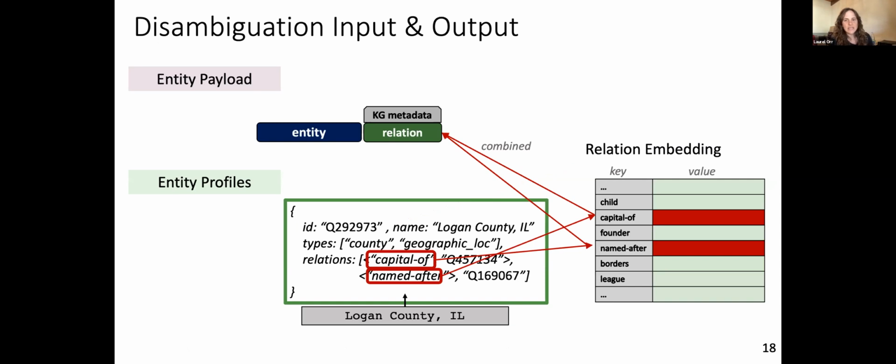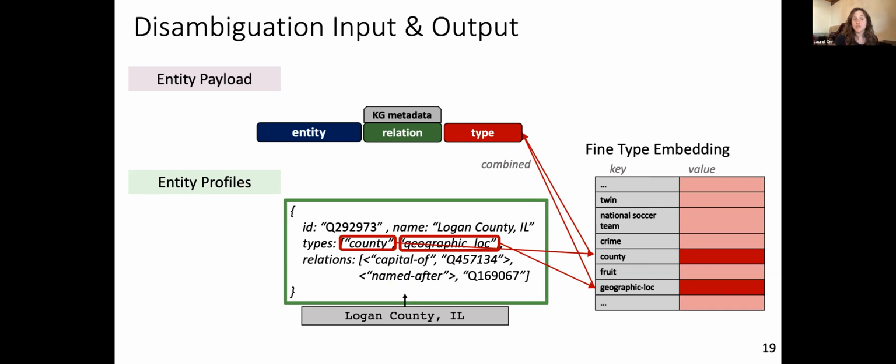And this is the key to how we were able to allow signals to transfer from popular entities to rare entities. During training, I'm going to see a lot of popular entities, and some of these popular entities are going to have this capital of relationship. I'm going to learn signals over these popular entities associated with this relationship, and through this embedding, it's going to allow it to transfer to rare entities. And this again is the key insight that helps our model learn over these other signals.